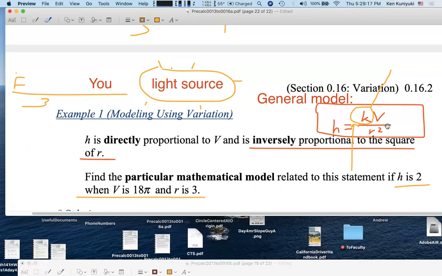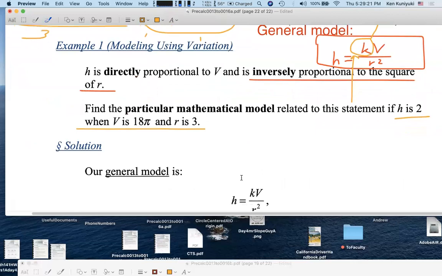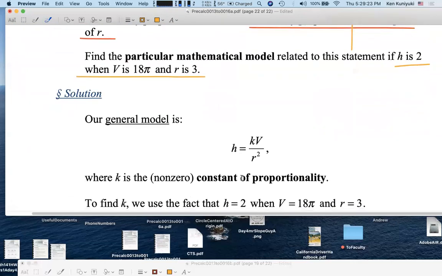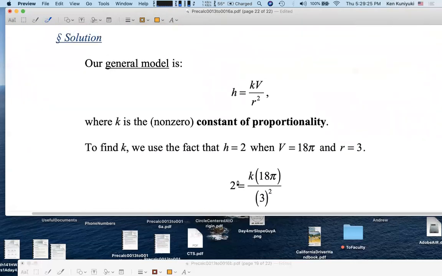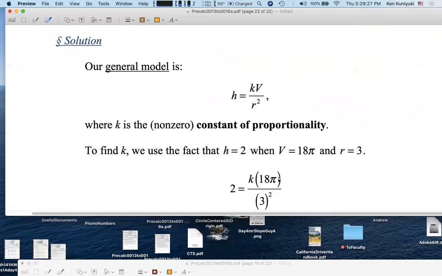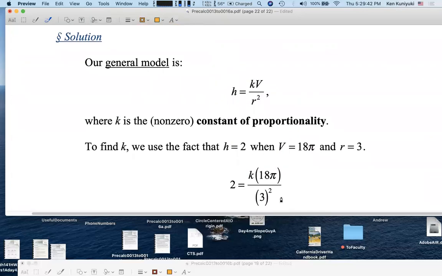We take the general model, plug in these values, and solve for k. Let's do that. We plug in h equals 2, v equals 18 pi, and r equals 3. Don't forget to square the 3. We have r squared down there. And then you solve for k.